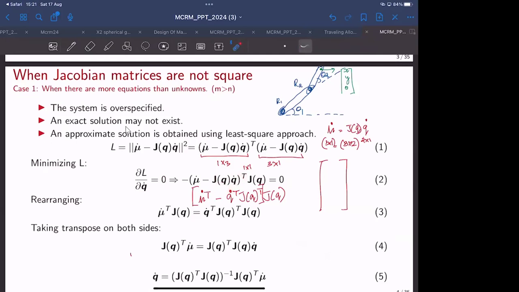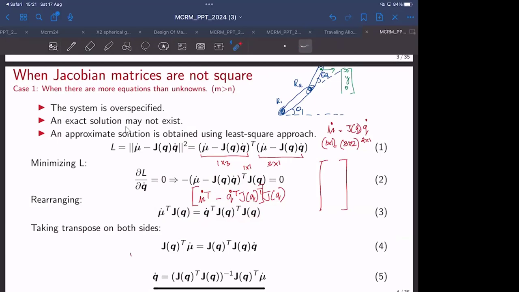And if I take everything, if I write it like this, I can simply rearrange it in this form, right? mu dot transpose multiplying J of q, that is on one side. And on the other side, we have this term over here, q dot transpose J of q transpose J of q, right?